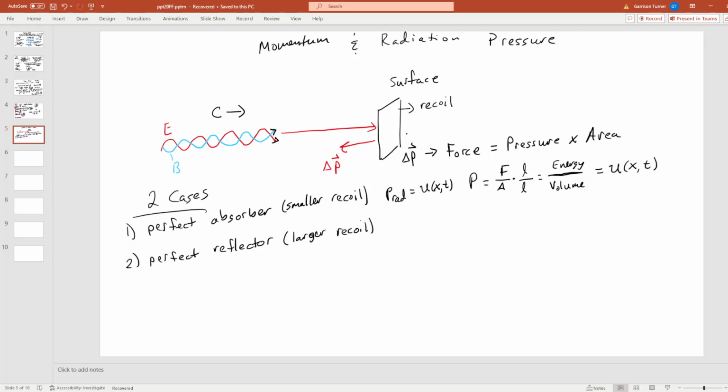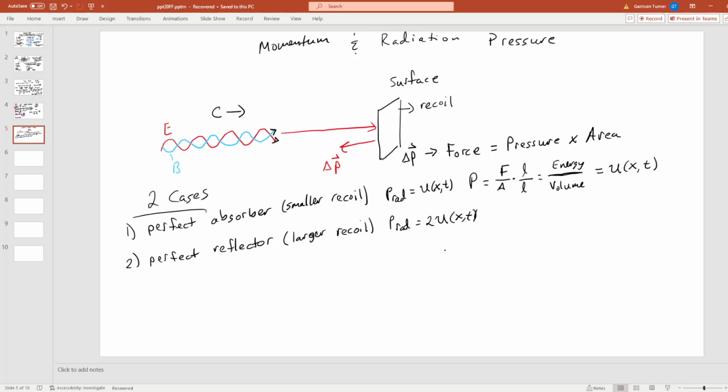But for the perfect reflector, if the momentum of the incoming beam is the same, then because the beam experiences a double change in momentum, it has to experience twice as much radiation pressure.